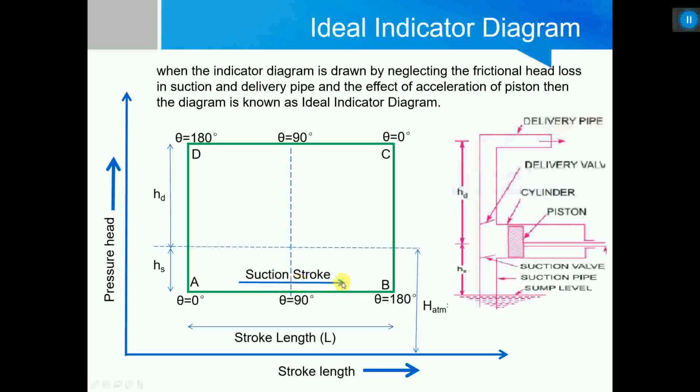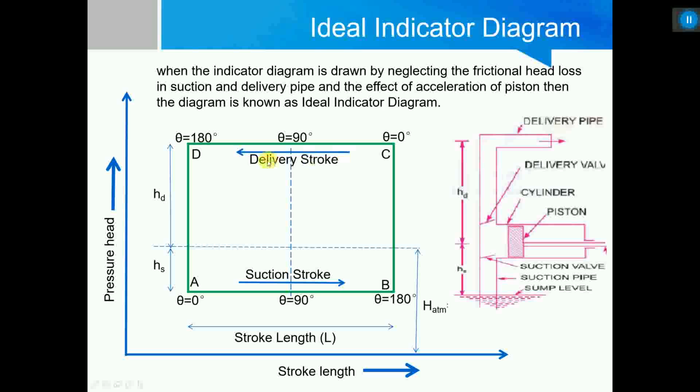So this one is the suction stroke. When the crank is rotated from 0 to 180 degrees, the suction stroke is completed, and then the crank is rotated from 180 to 360 degrees.